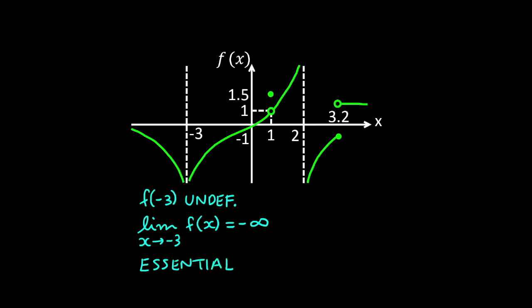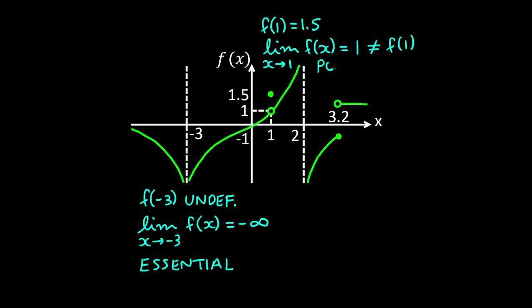Now at x equals 1, the function is defined and evaluates to 1.5, and the limit's also defined. But as we can see, the limit's not equal to the value of the function. So therefore, we have a point discontinuity.